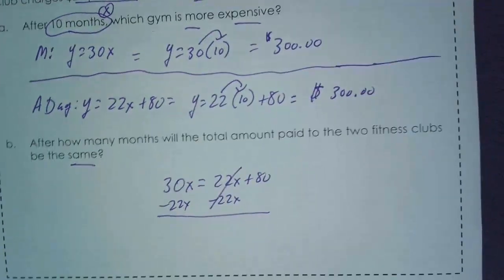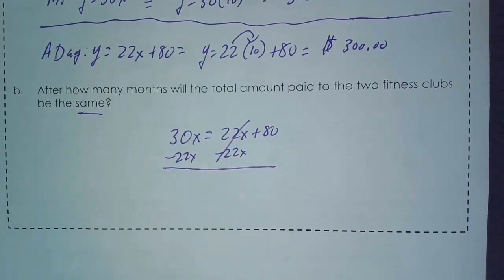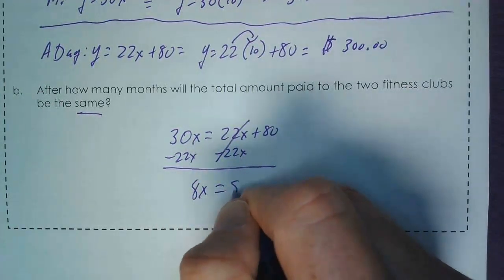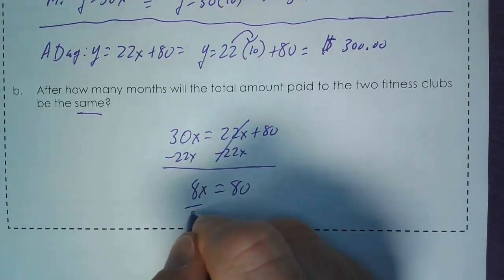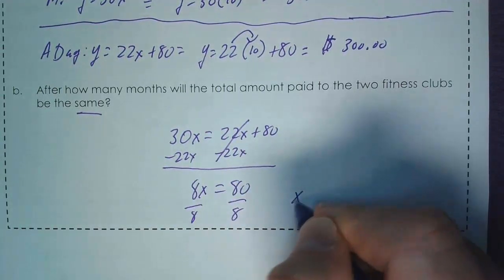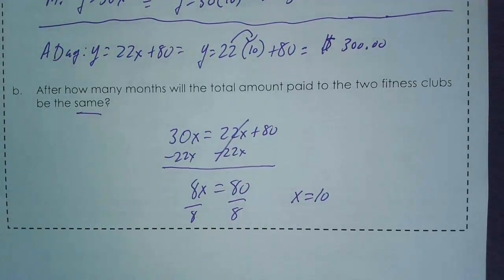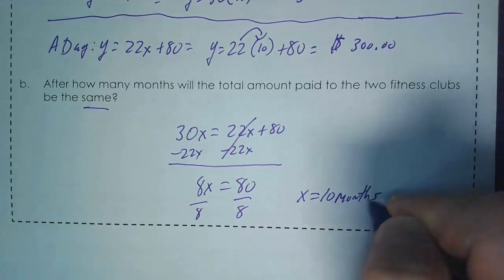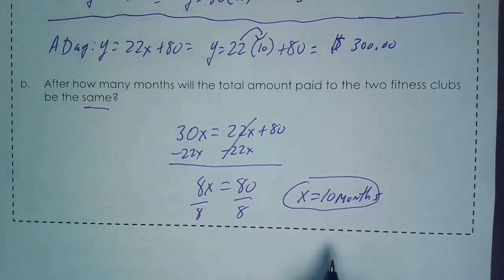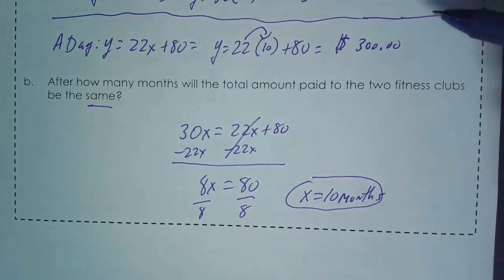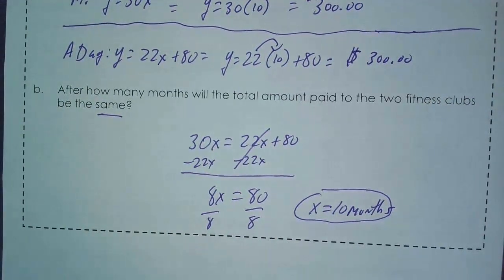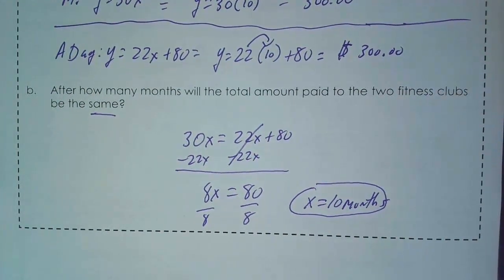Cancel out the 22s. 8x equals 80. Divide by 8. X equals 10. We're going to say 10 months. So in 10 months, both amounts will be the same, and that pretty much is what this question was up here. So there's your justifying your two-step equations lesson.